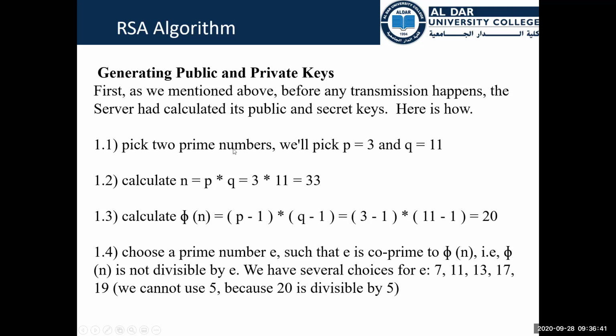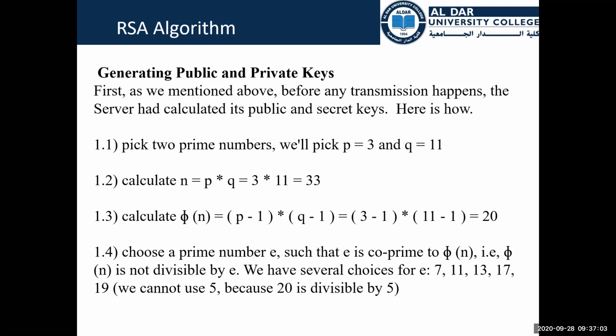I will go step by step to understand the RSA algorithm, the mathematics behind it. I know this part is a little difficult because we didn't introduce the number theory, but actually these are very basic concepts, not the entire concepts of number theory.